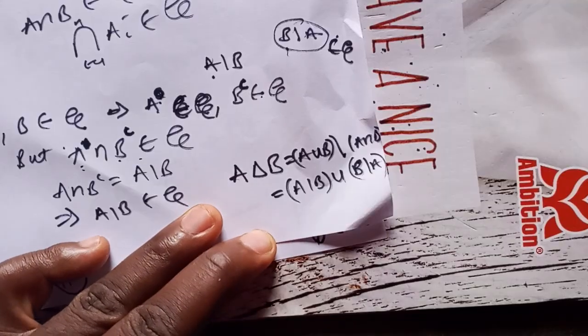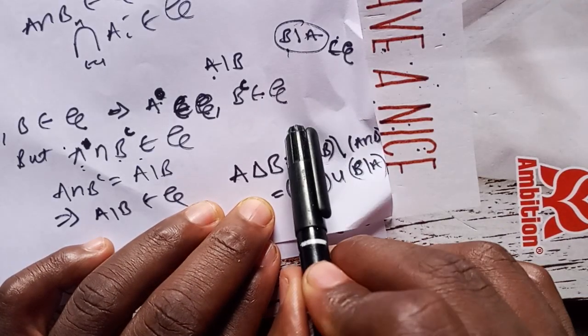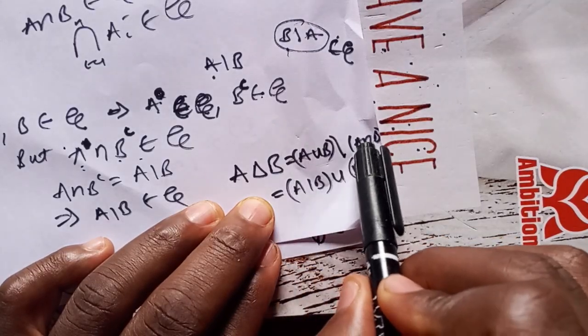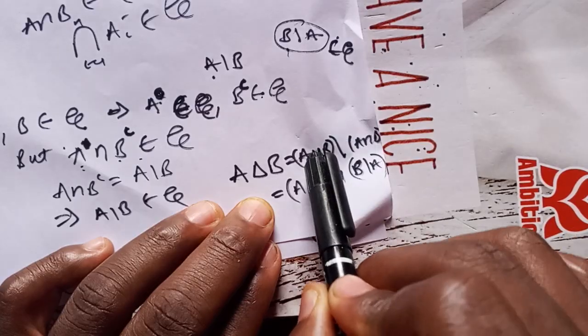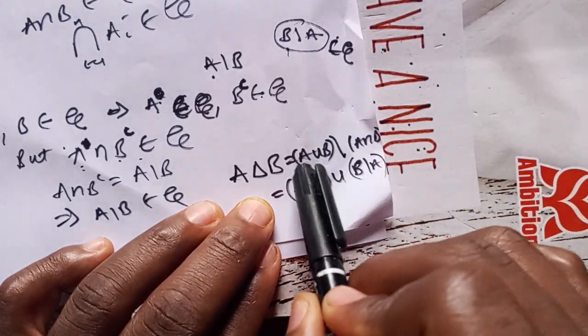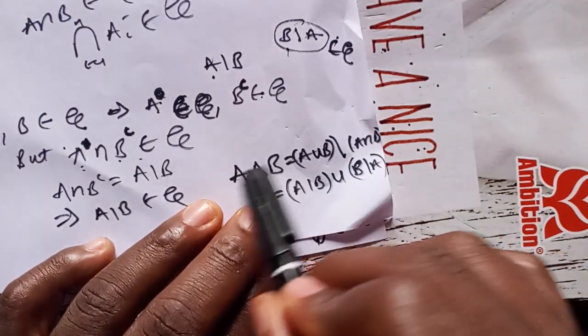Because how is it in the algebra? This is a simple logic. If the union of two sets is in the algebra, the finite union is in the algebra, and the finite intersection is also in the algebra, then their difference, since this is in the algebra and this is in the algebra, then their difference must be in the algebra. So this makes this to be in the algebra.